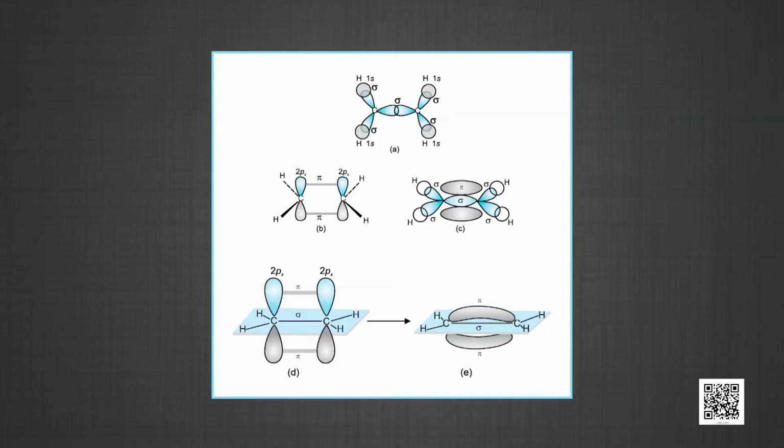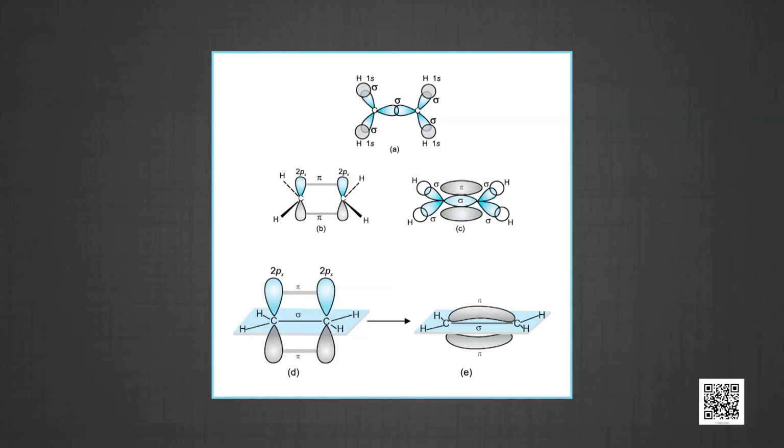The unhybridized orbital 2px or 2py of one carbon atom overlaps sidewise with the similar orbital of the other carbon atom to form a weak pi bond, which consists of two equal electron clouds distributed above and below the plane of the carbon and hydrogen atoms.